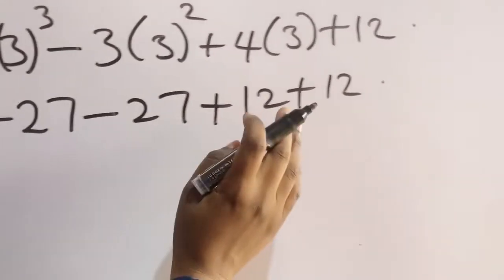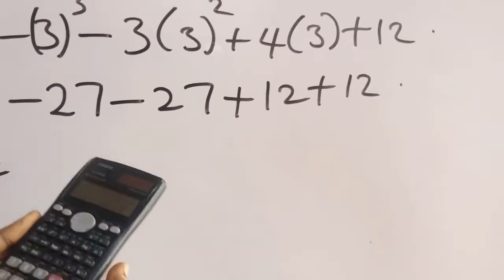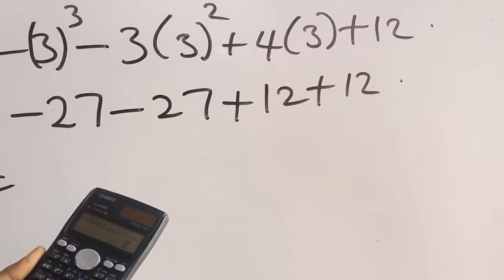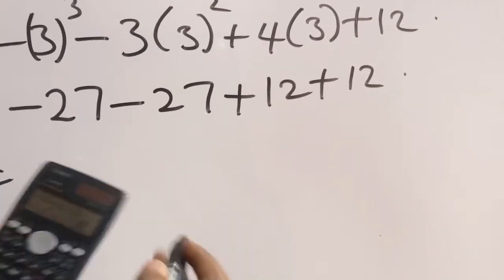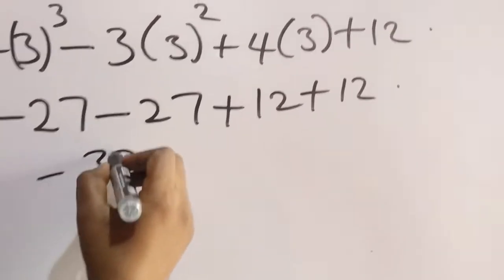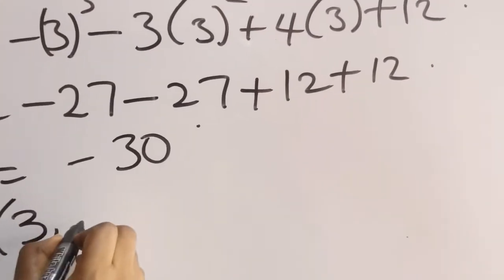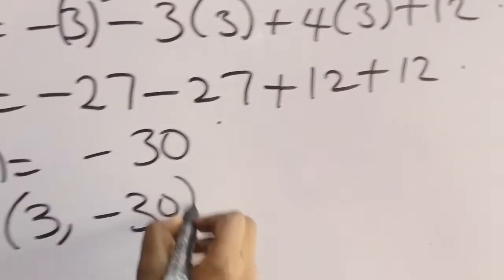Minus 54 plus 12 is equal to minus 30. So it means that when x is equal to 3, y is equal to minus 30.